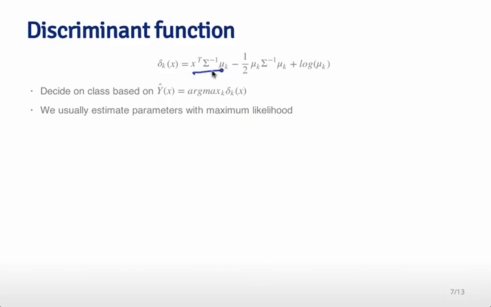Then there is the linear term in x, the predictors that we have, with our covariance matrix and the mean. So we plug our new data value into this function, and we pick the value of k that produces the largest value of the discriminant function, and that's how we decide on the class.